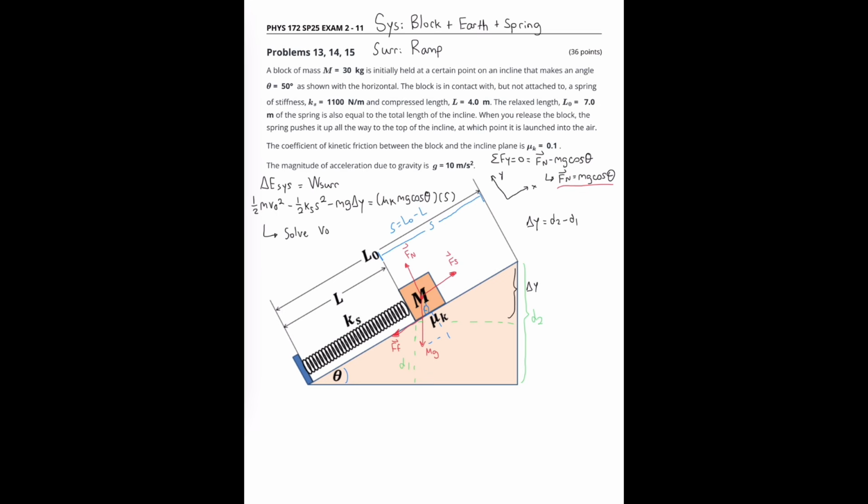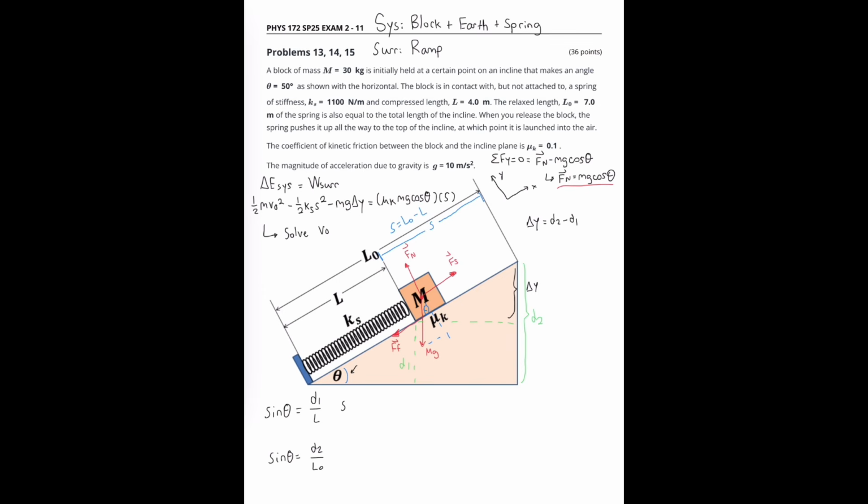However, we still have some unknowns. We do not know what our delta y value is, so we have to do some trig. If we take the sine of theta, seen here, that is opposite over hypotenuse, so we get d1 over L, and sine theta is equal to d2 over our total length, L naught.